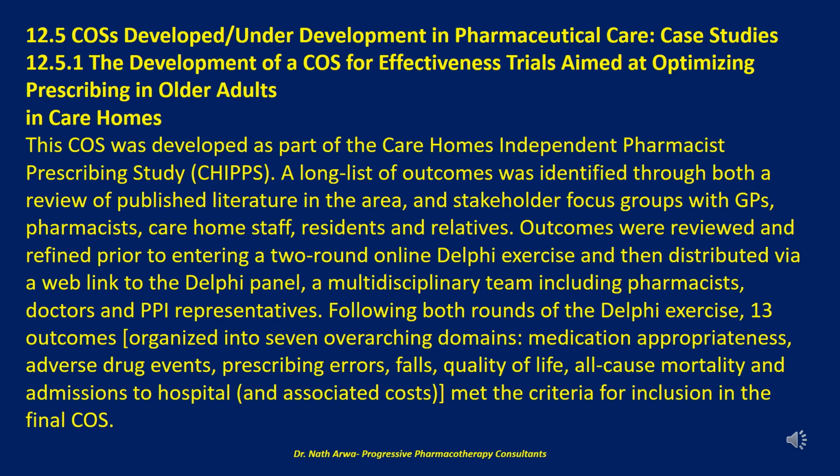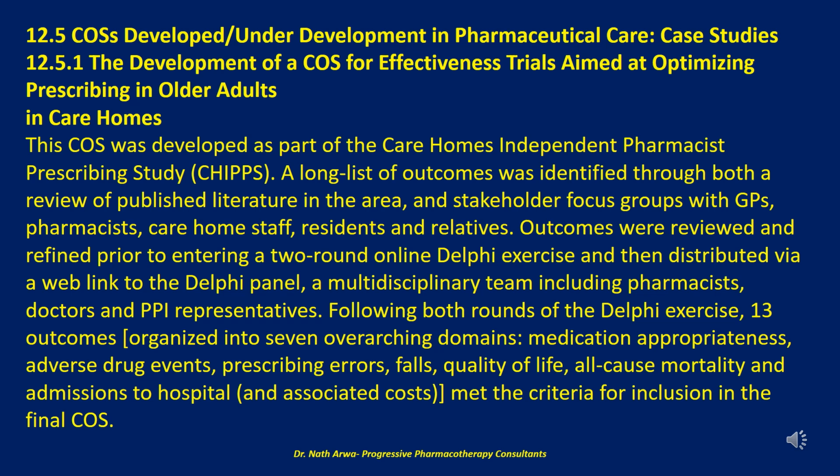A long list of outcomes was identified through both a review of published literature in the area, and stakeholder focus groups with GPs, pharmacists, care home staff, residents and relatives. Outcomes were reviewed and refined prior to entering a 2-round online Delphi exercise and then distributed via a web link to the Delphi panel, a multidisciplinary team including pharmacists, doctors and PPI representatives.